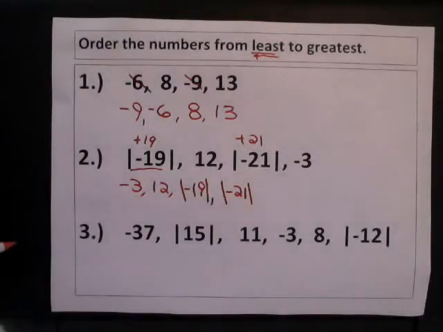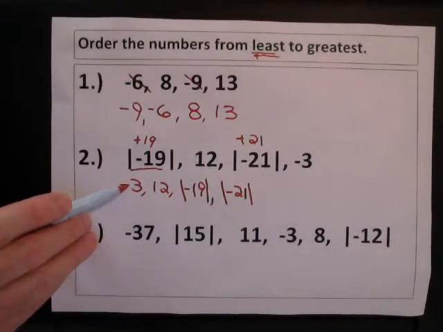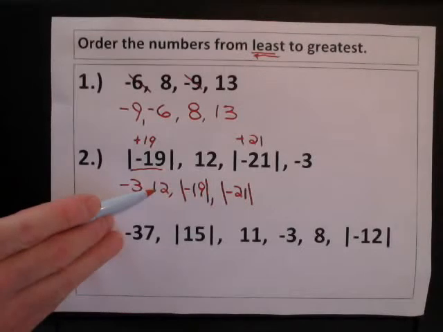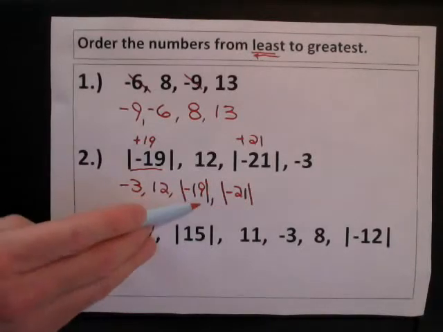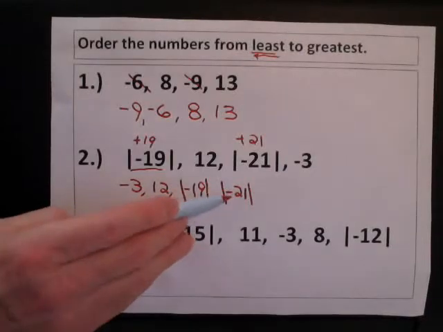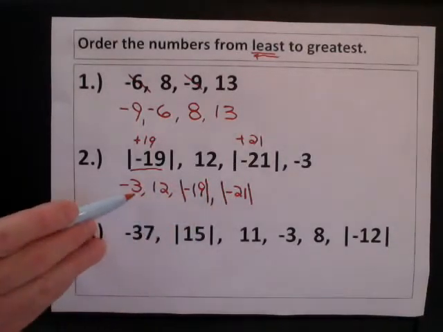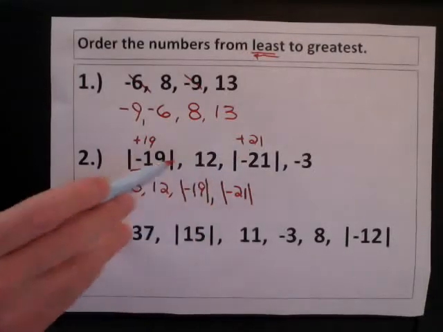And so there would be the order of those numbers. Negative 3 is lower than positive 12. Positive 12 is lower than the absolute value of negative 19. And the absolute value of negative 21 is greater than all of those because you're talking about positive amounts.